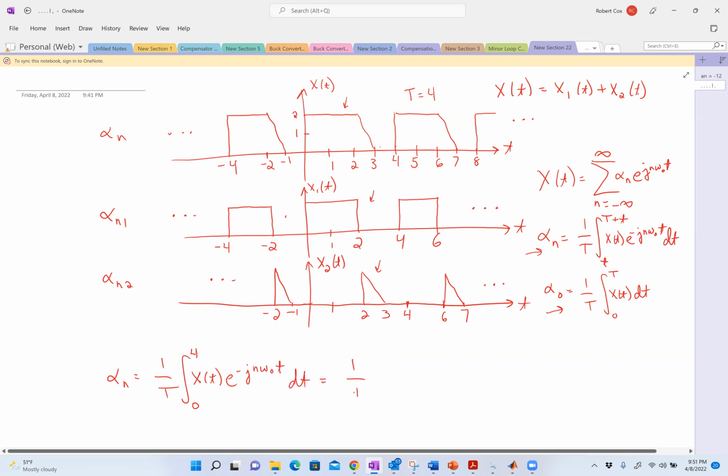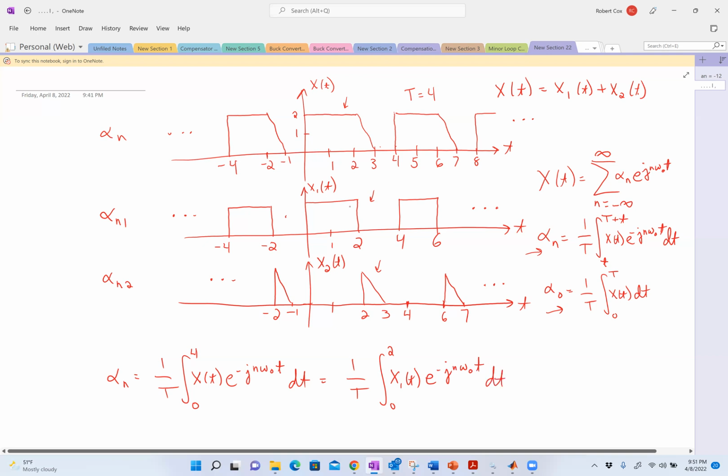I see that that's equal to 1 over T times the integral from 0 to 2 of x1 of t e to the negative j n omega naught t dt.